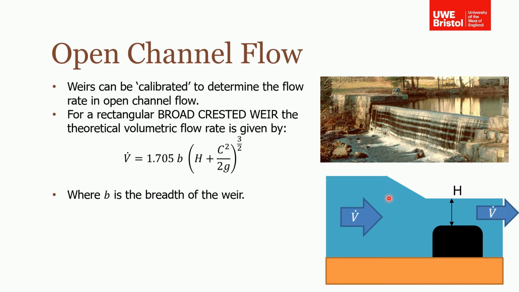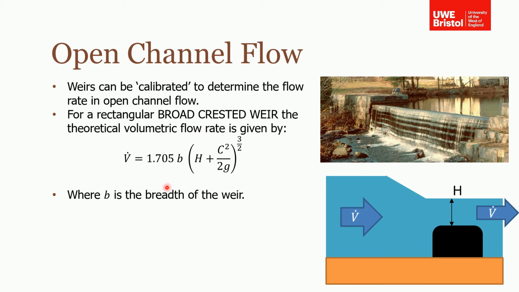You can see there's been a reduction in area from the bottom of the lake, or whatever this is, to the free surface, and then the height is reduced, from the top of the weir to the free surface of the liquid. Therefore the velocity must have increased for the flow rate to have stayed the same.